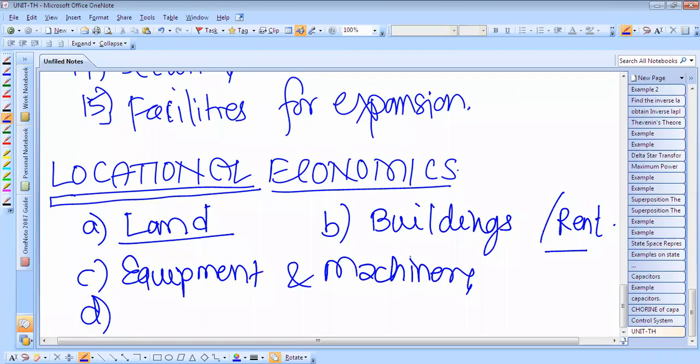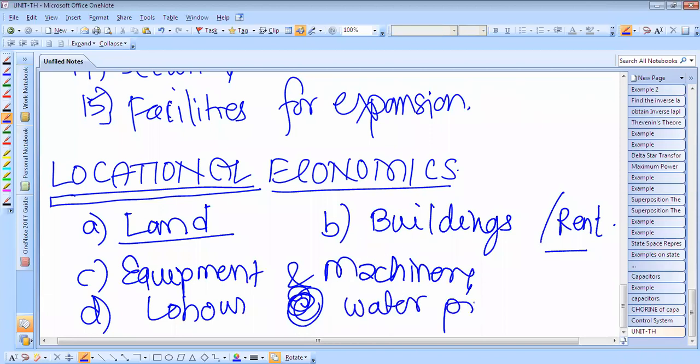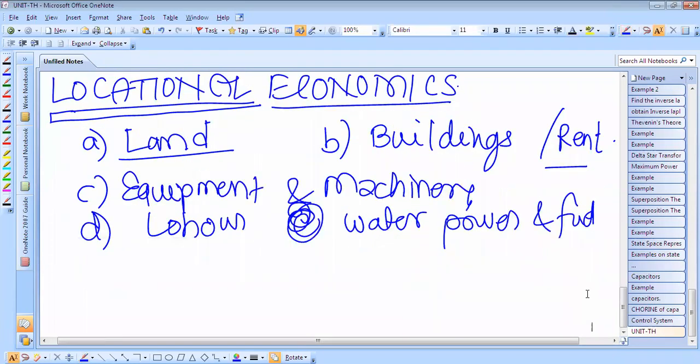Next is the labor. Next is water, power, fuel. Next is the freight, incoming, outgoing.